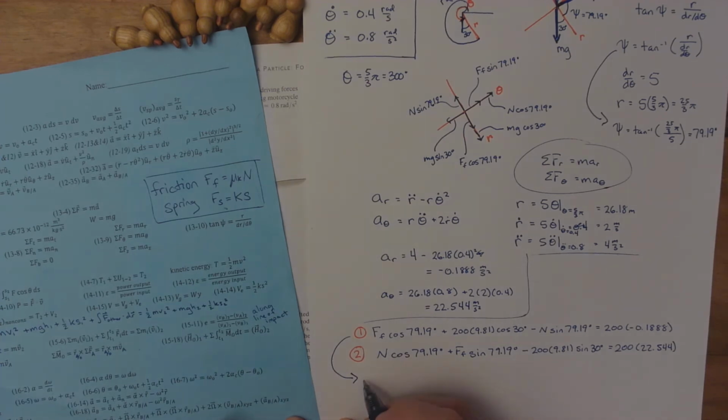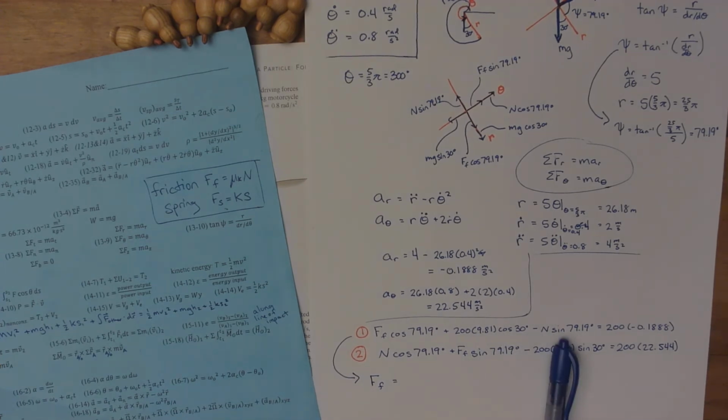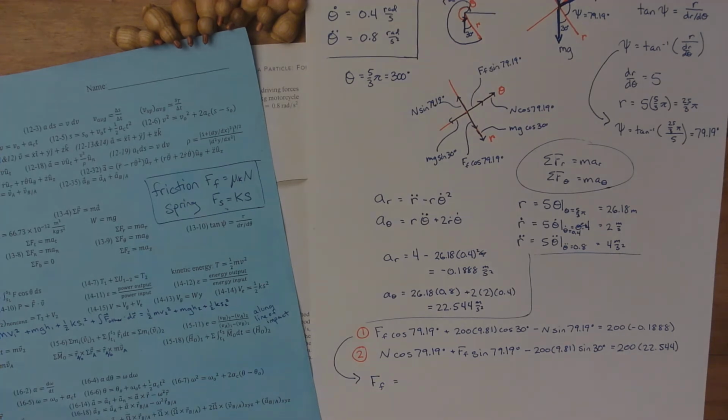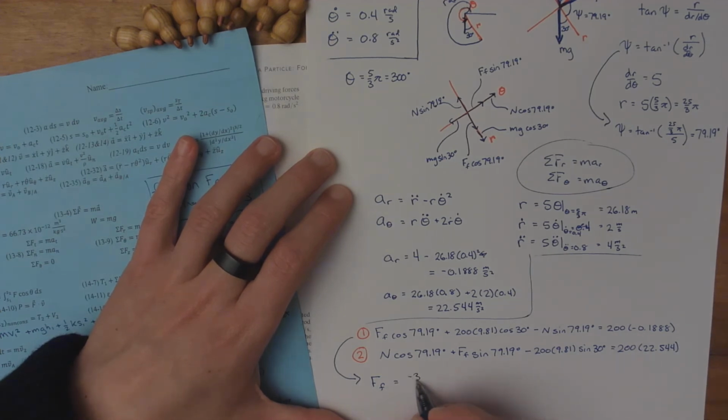So we can solve equation 1 for the force of friction. I want to bring these 2 terms over to the other side. And 200 times negative 0.1888 is negative 37.76.